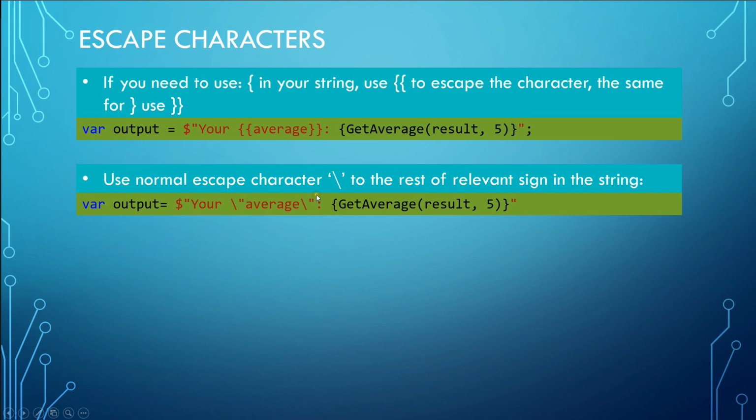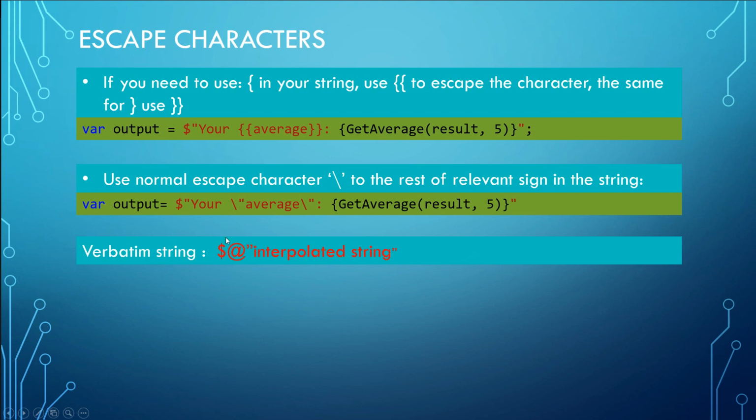You see we are escaping this quotation mark so that we don't confuse it. This is the normal escape that C# uses with strings. If you want to use a verbatim string in conjunction with an interpolated string, you must put the @ sign after the $ sign, as you can see here.